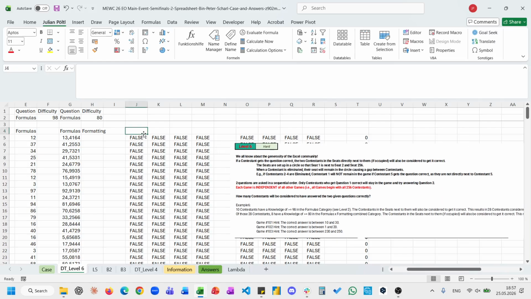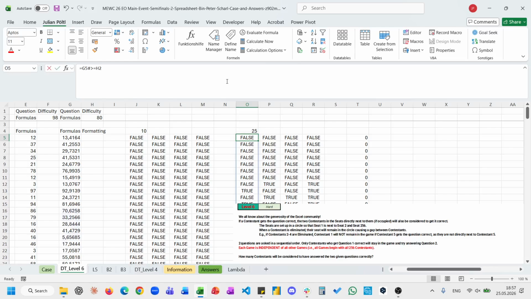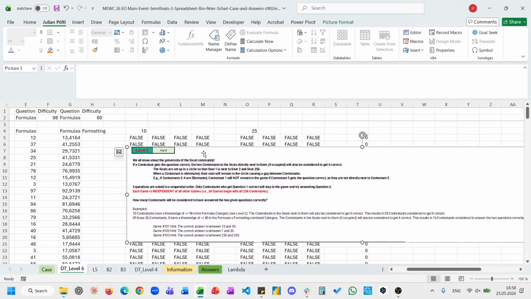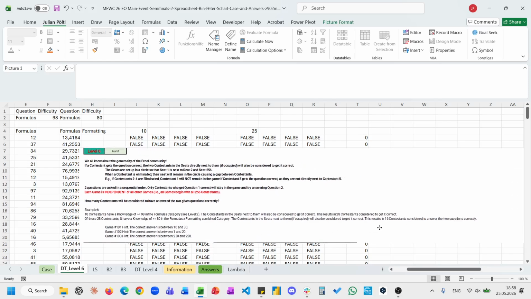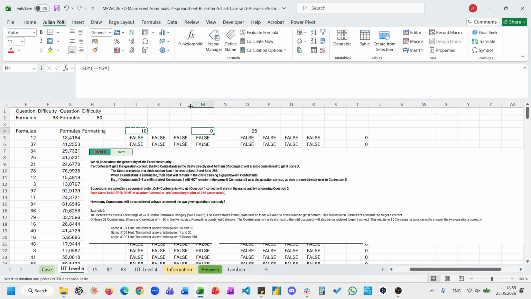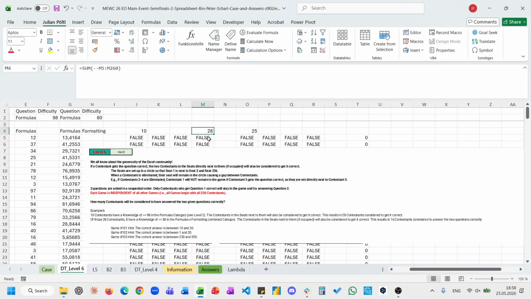So 10 contestants have it right. So sum minus minus 10. Here we are 25. It's saying that it's 28. Oh no, here it's... Okay, this is unimportant, but I have to check this here, and here I'm at 0. Because it's not an array. 28, yeah, this is right. This is right.